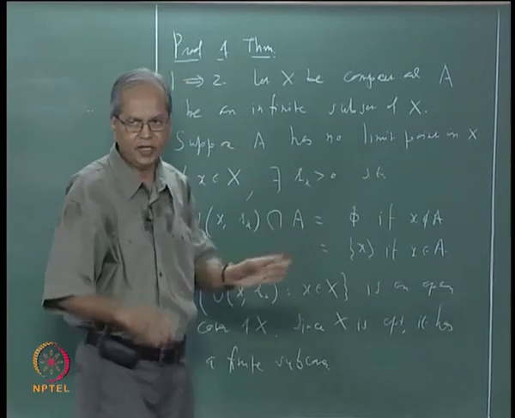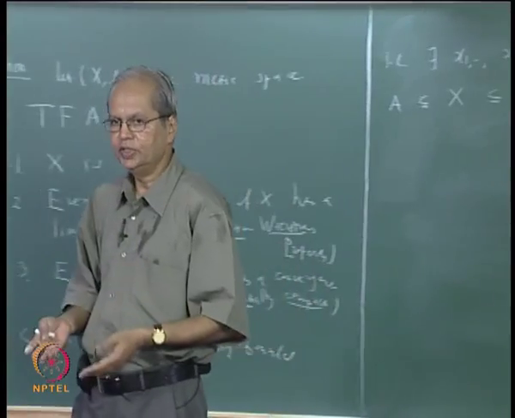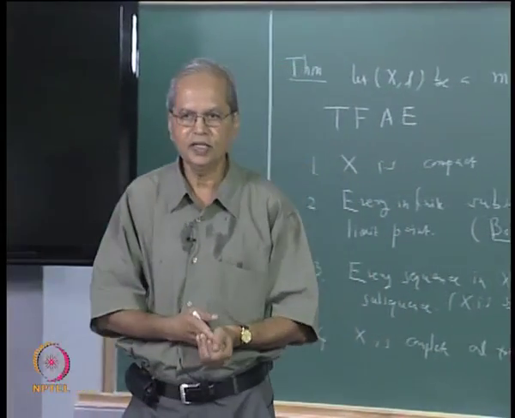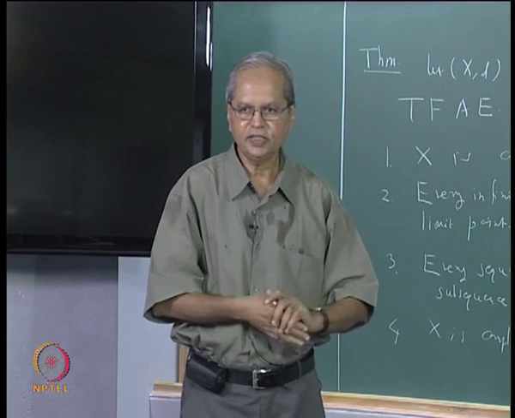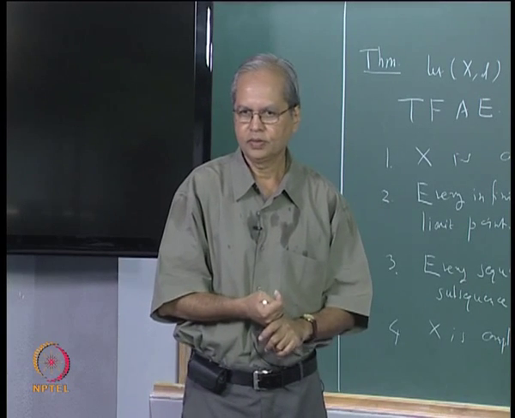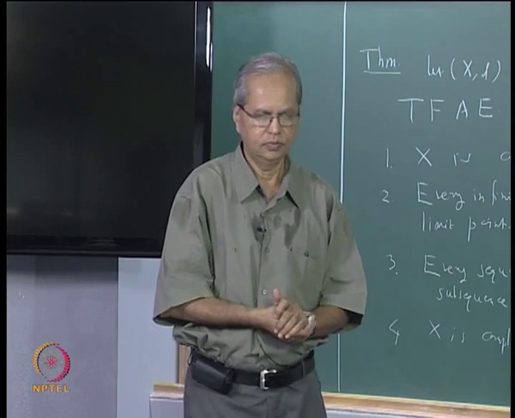There are only a finite number of balls and A is contained in their union, but each ball can contain at most one point of A. So that will say that A must be finite, and that is a contradiction.